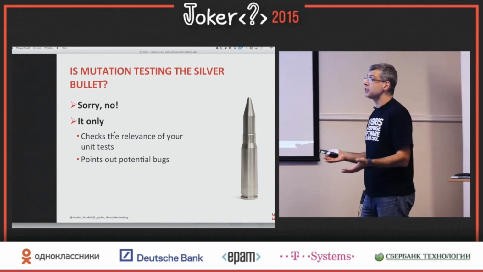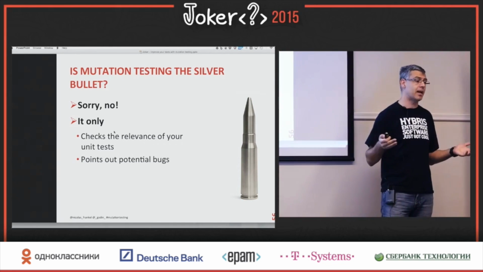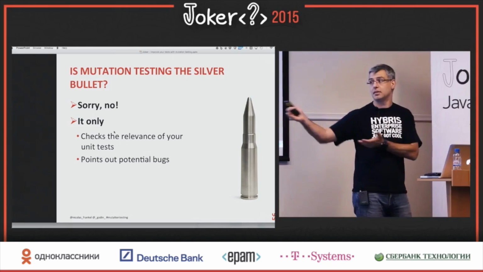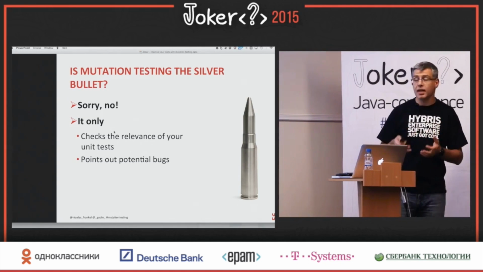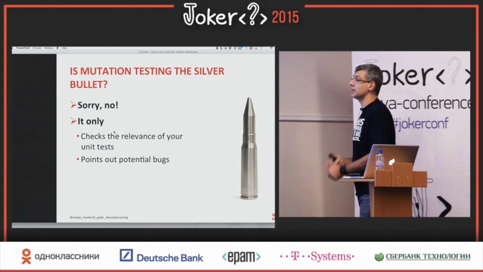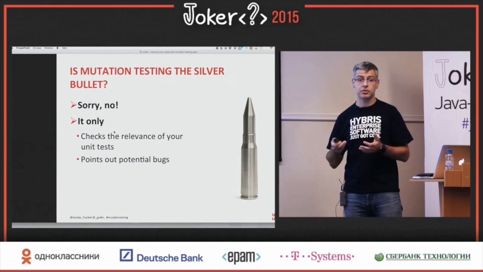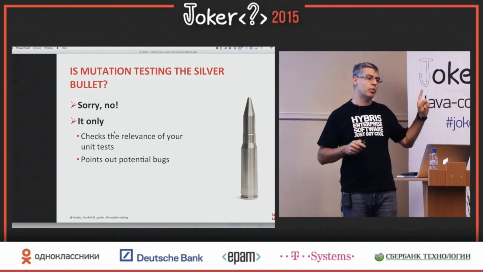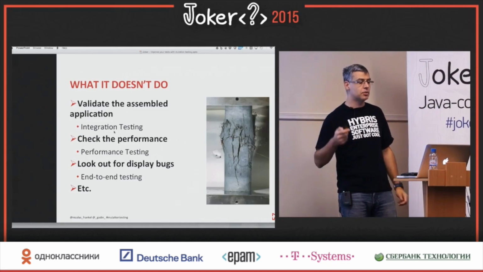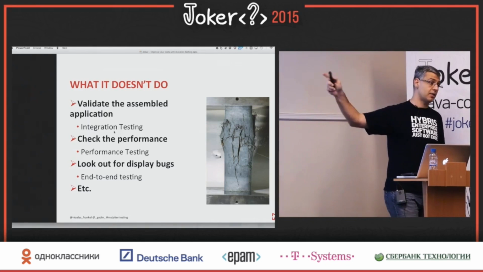So, is mutation testing the silver bullet in this case? Yeah, I must say that it is not. No, it's not. It will check the relevance of your unit tests and point out potential bugs that you probably generally detect only in production. But you still need other kinds of testing.